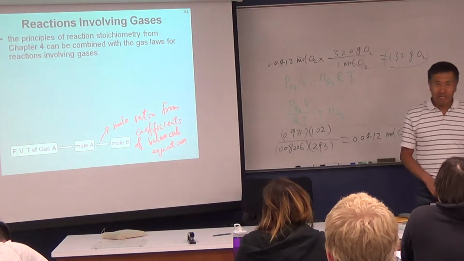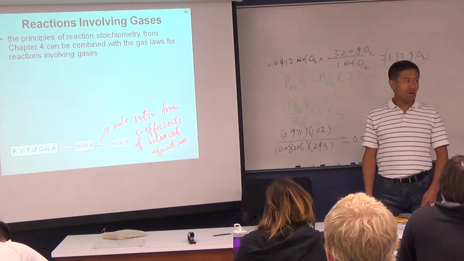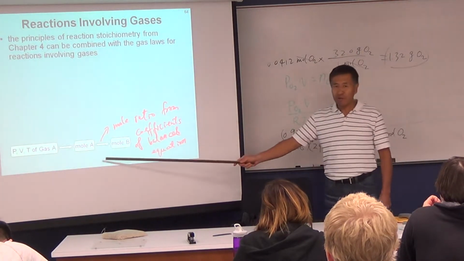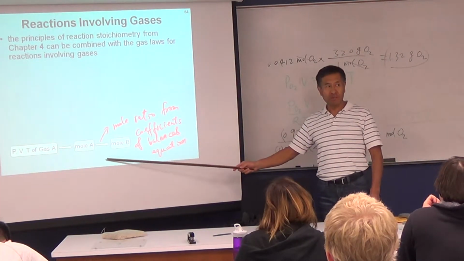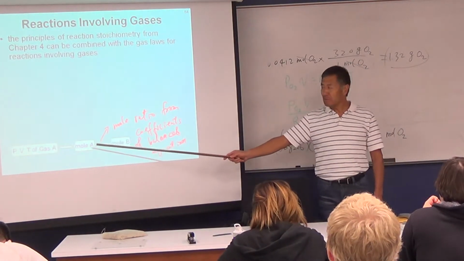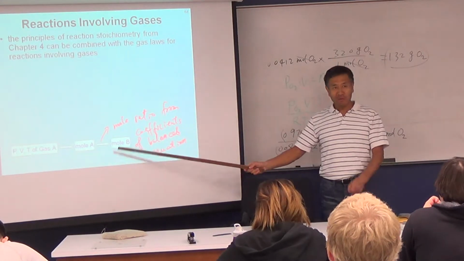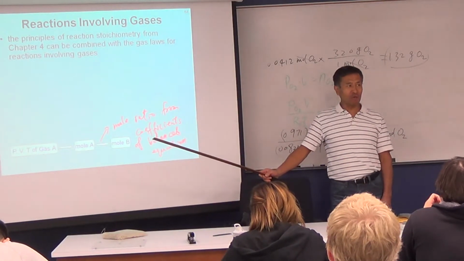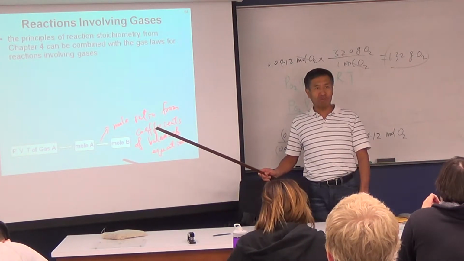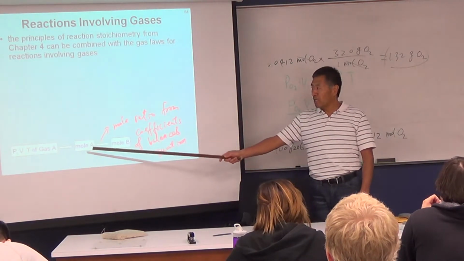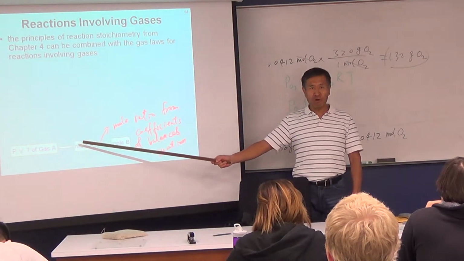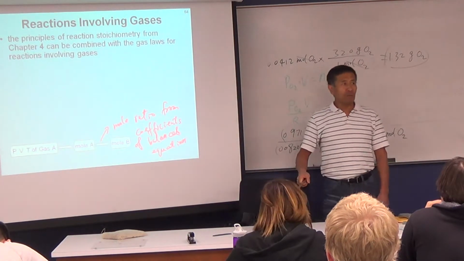Once you have that, you just combine everything together. It's pretty much a learning process. Once you remember, you can convert from A to B. A may be gas, B may be gas, or A may be solid or liquid, depending on what kind of information you have. If you have a solid, you probably just use mass in grams to find the moles. If A is a gas, then most conveniently you can get moles of gas by the gas law.